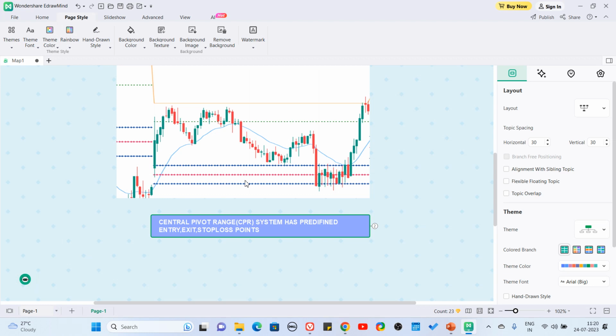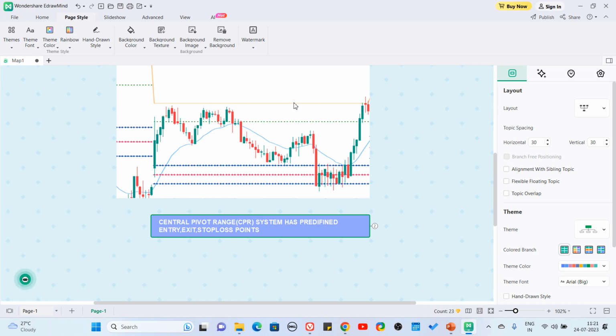The beauty and elegance of the system lies here. When you stay at the CPR, in other words at the fair price value, you are buying the stock or the index at a fair price. This is the CPR, the three lines.